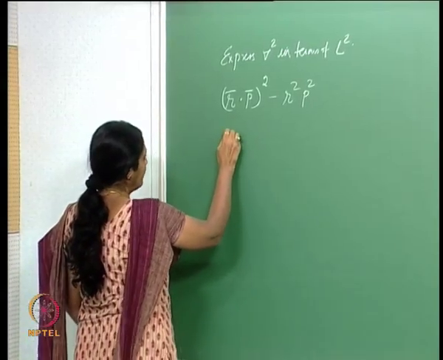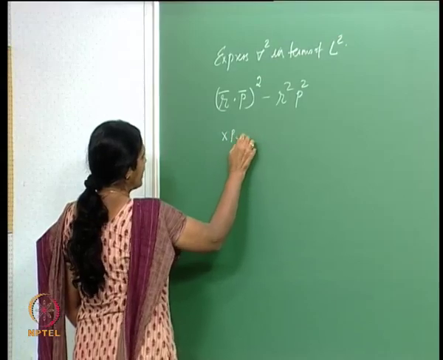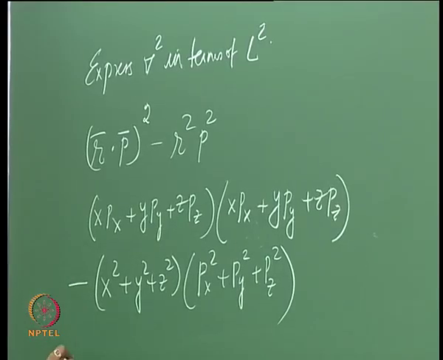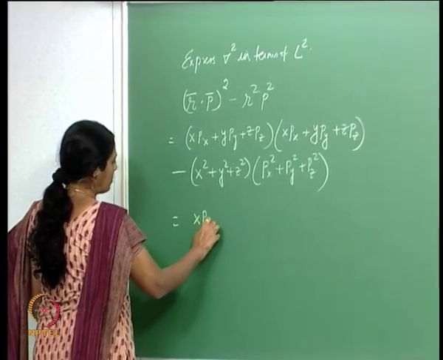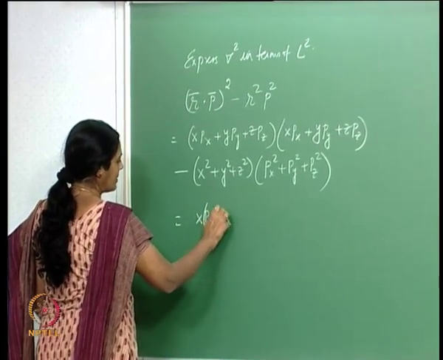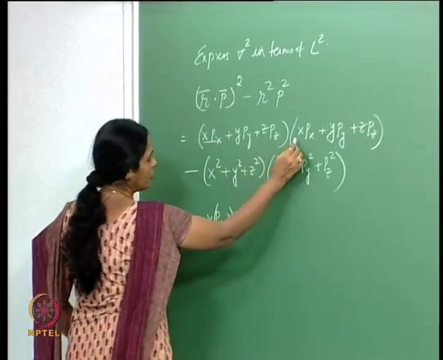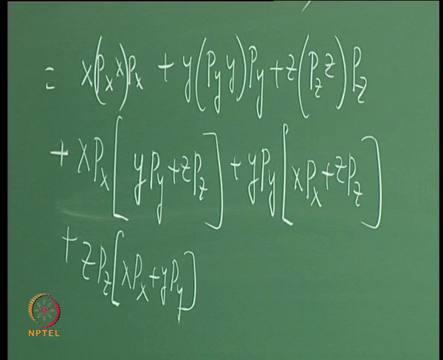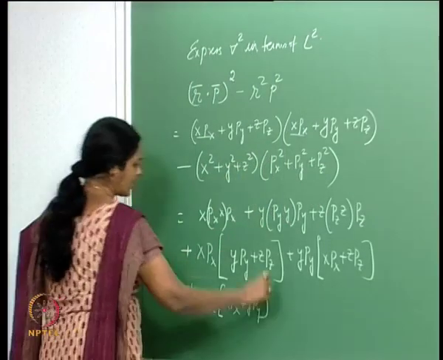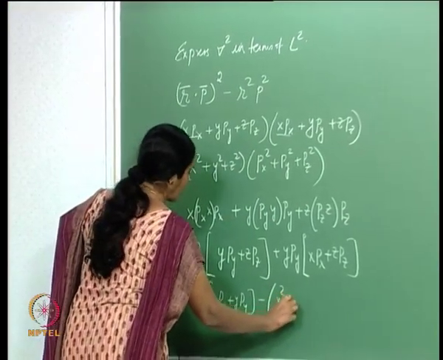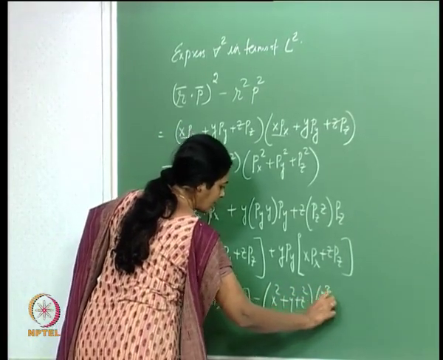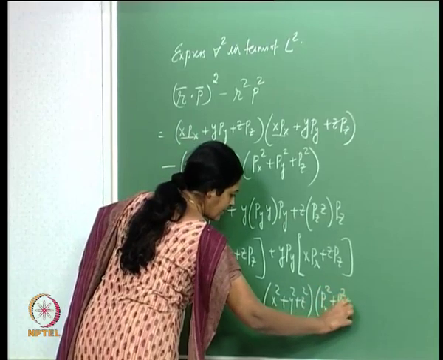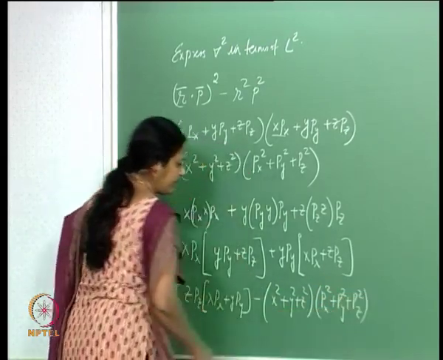So, this object is x p_x. When I expand this, it gives me x p_x x p_x, and from this I subtract (x squared plus y squared plus z squared) times (p_x squared plus p_y squared plus p_z squared).